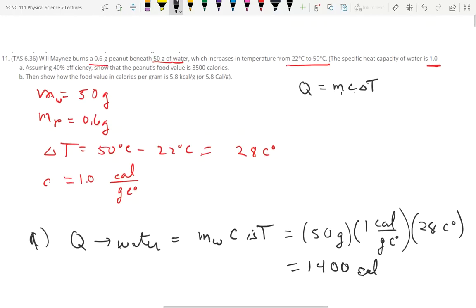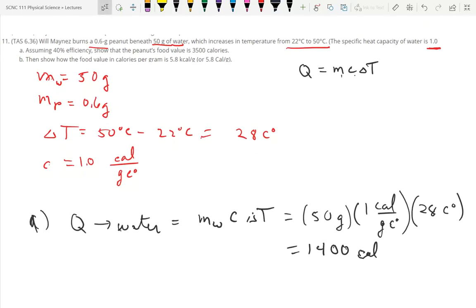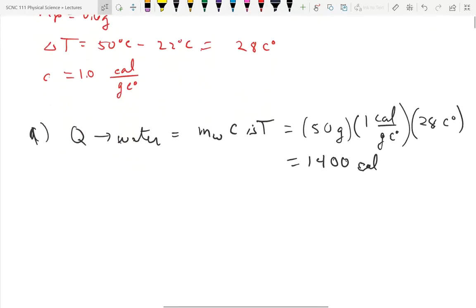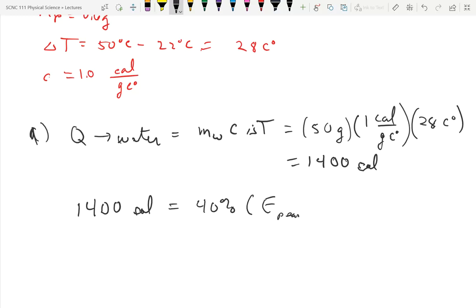But it didn't have 1,400 calories here. It said, assuming 40% efficiency so that the peanut's food value is 3,500 calories. Well, first I have to take this 40%. So this 1,400 calories is 40% of the energy in the peanut.